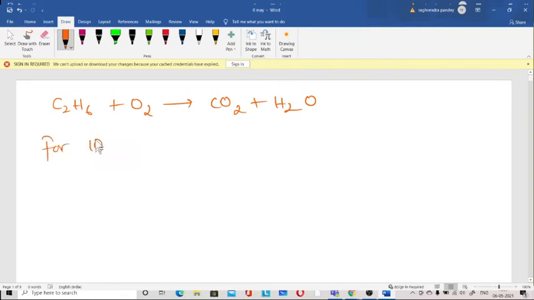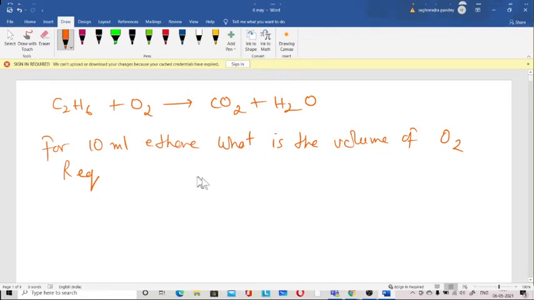For 10 ml ethane, what is the volume of O2 required at STP? So please solve this.